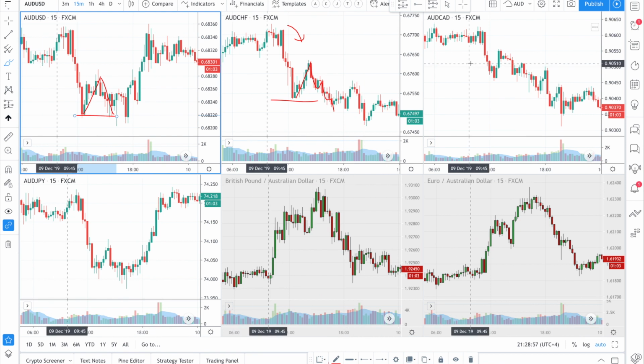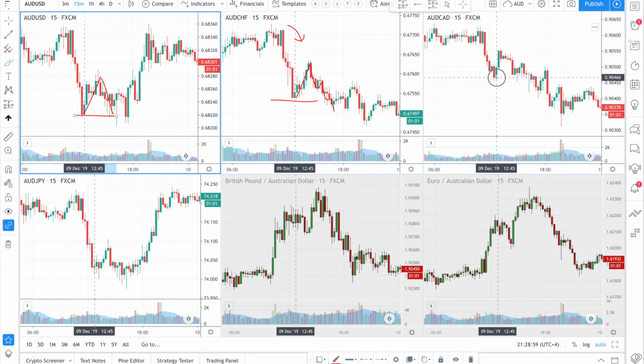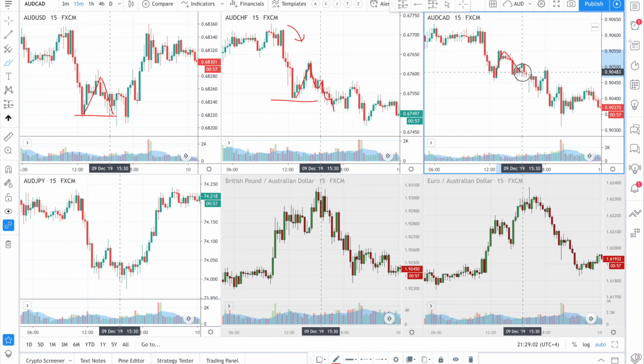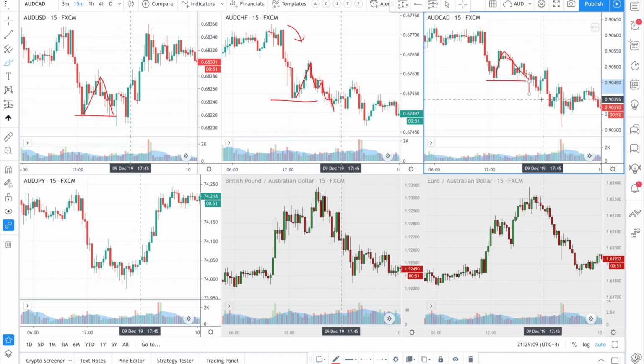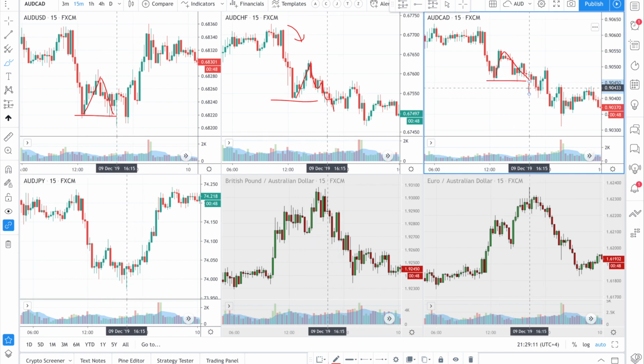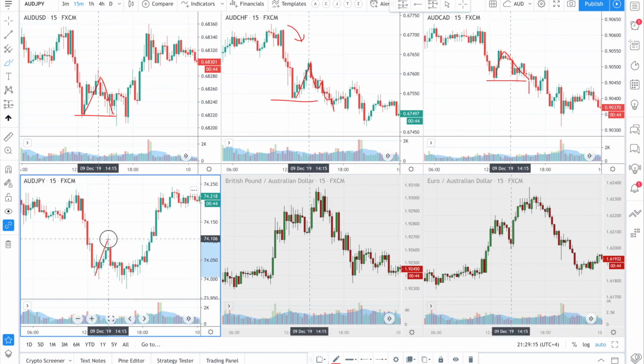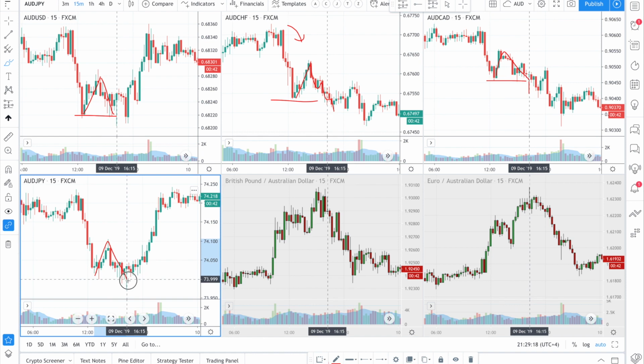Let's take a look at Aussie CAD. He's gone up, he's digested the whole thing. But if I put my mouse right where the rest of them are for time, he's actually looking like he's trying to go through as well. Interesting. If I use the same conditions here, he's had this meal and he's digested most of it already.